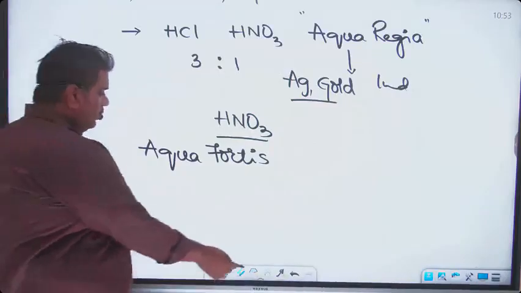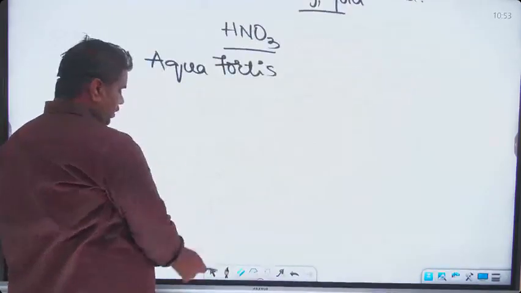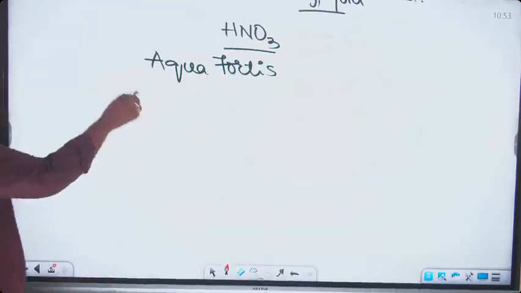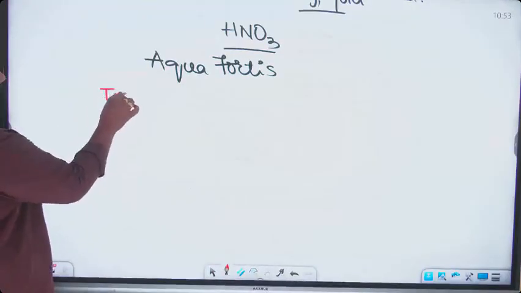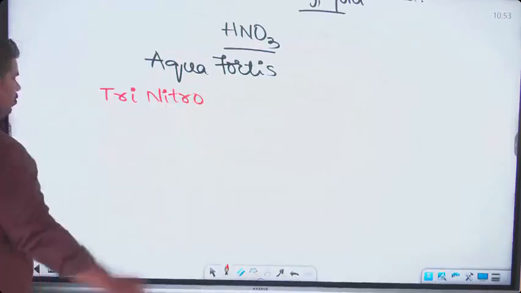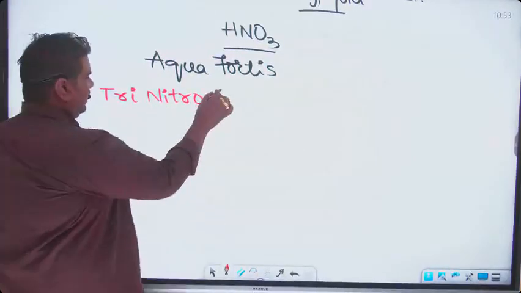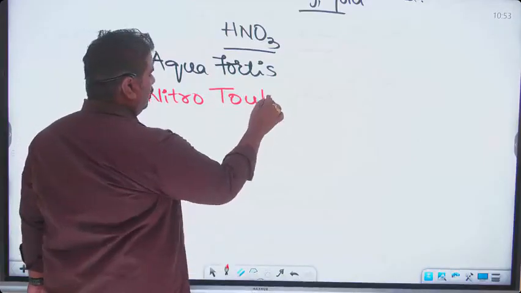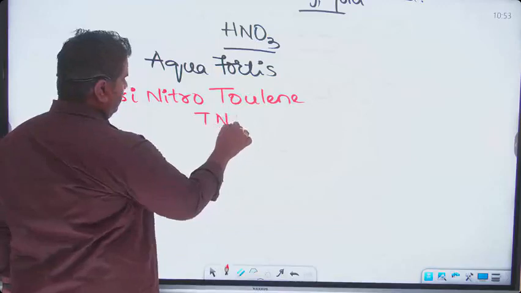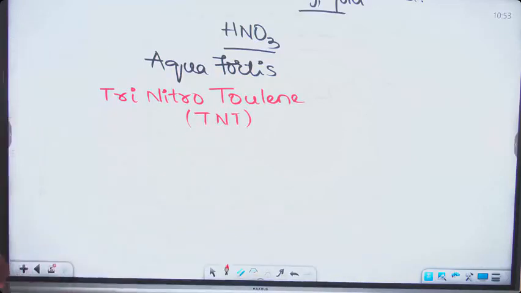So the moment talking about the case of HNO3, also known as aqua fortis, it is used in the making of trinitrotoluene, in short TNT.